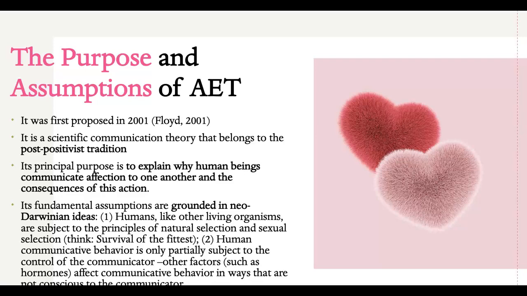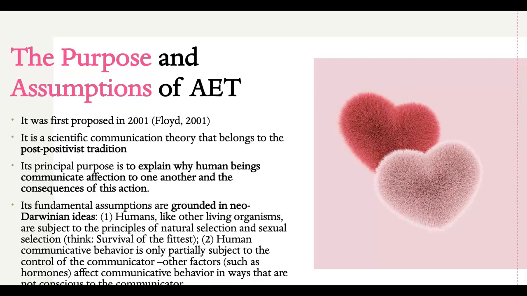So in other words, we as biological beings don't have full control of how we communicate with others. There are other factors that basically control how we feel, how we would like to communicate our ideas at any given moment in time.